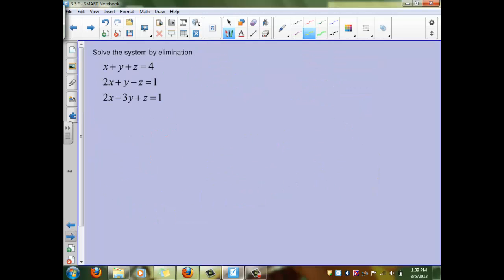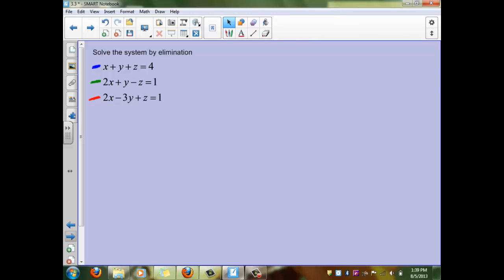Alright, so now solving three systems with three variables by elimination. So once again, I'm going to color code and try to keep top blue, green, and red. So once again, we've got to get two together to eliminate a variable.